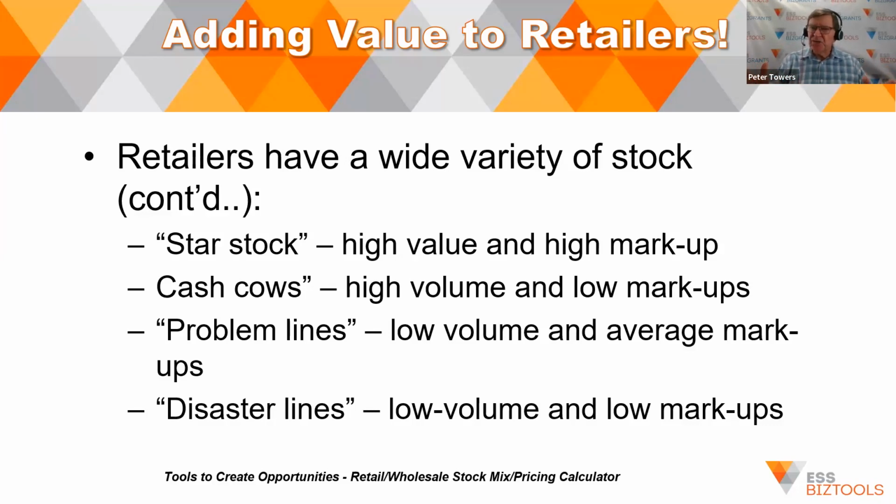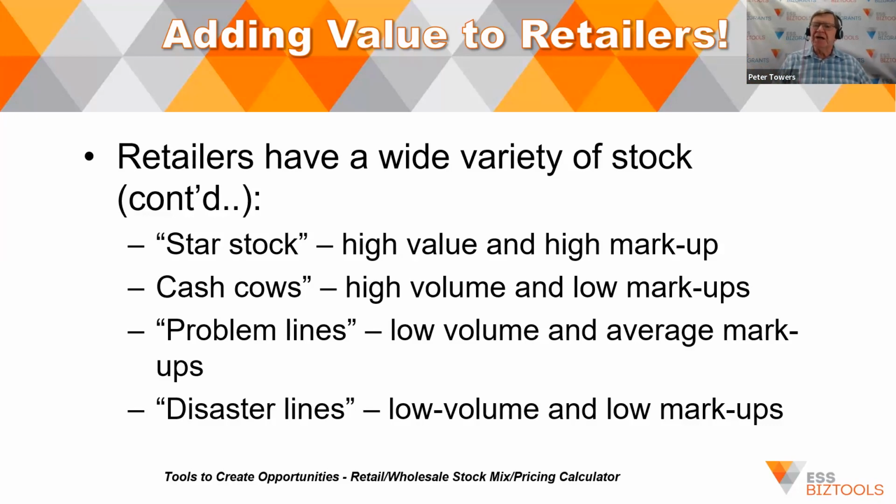But whilst they're in your store or your client's store, there's a possibility that they will impulse buy or actually go there looking for something else. But the cash cow items, high volume, low markups, are virtually found in every retail and wholesale business in Australia.